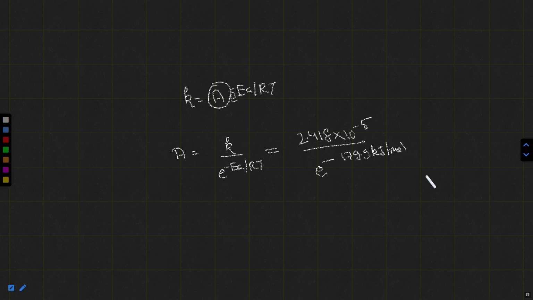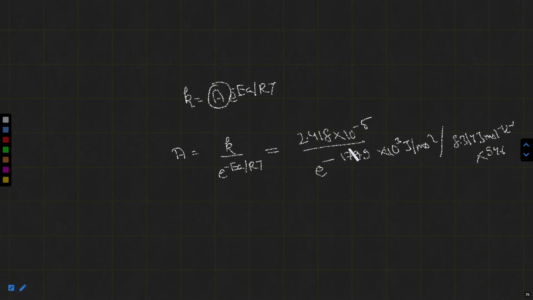I would suggest you convert this kilojoule per mole into joule per mole. What is the value of R? 8.314 joule per mole per Kelvin. I would suggest you cancel out the units by yourself. Temperature is given as 546 Kelvin.